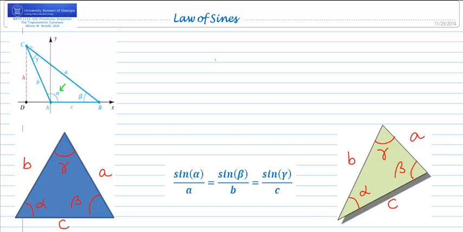Okay, so using right triangle trig, we can notice that basically the sine of beta is h over a, and we can also notice that the sine of alpha in standard position is h over b.